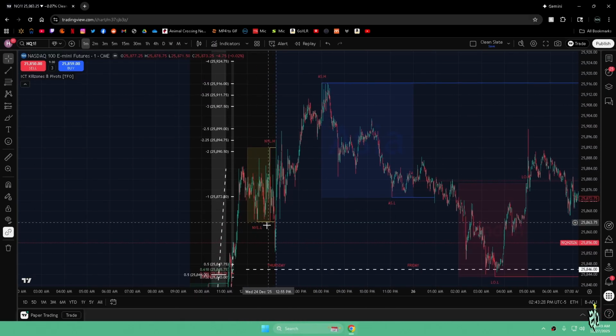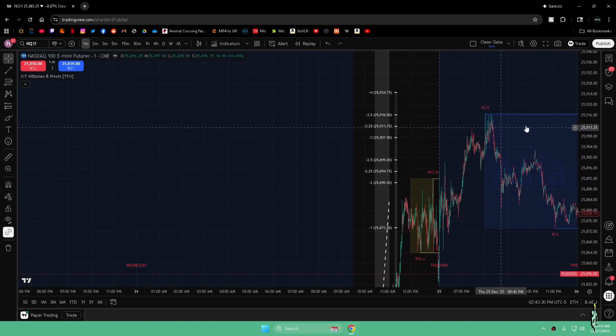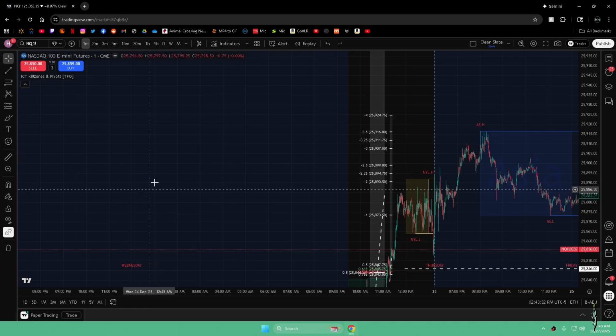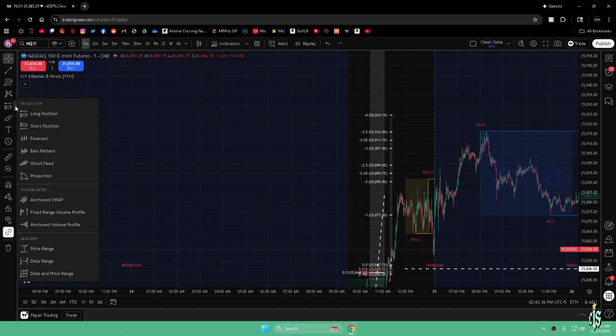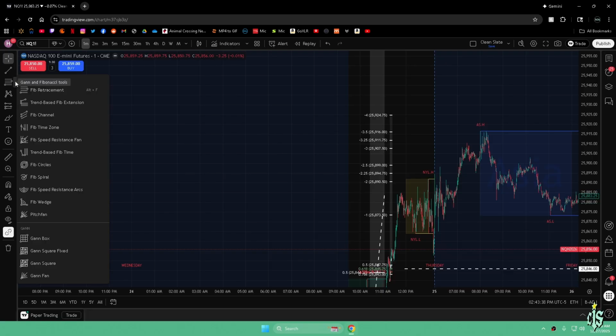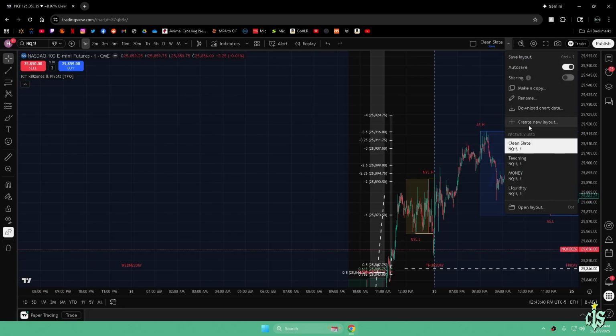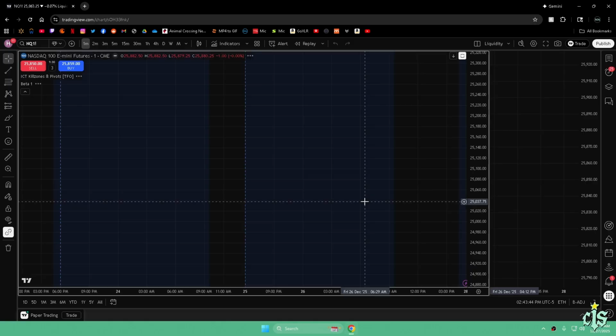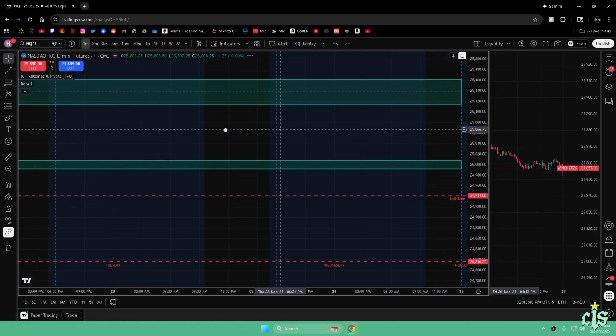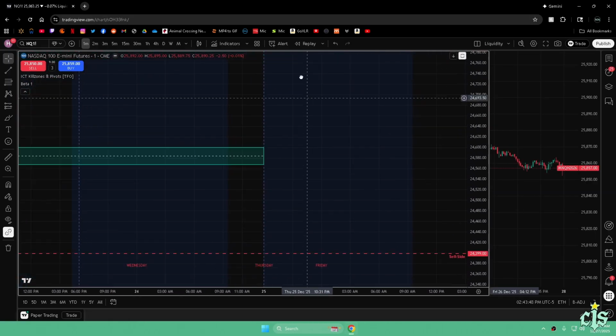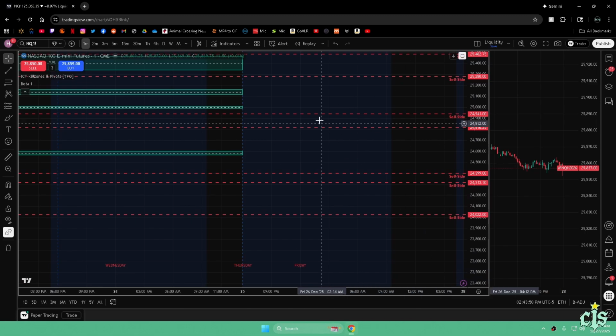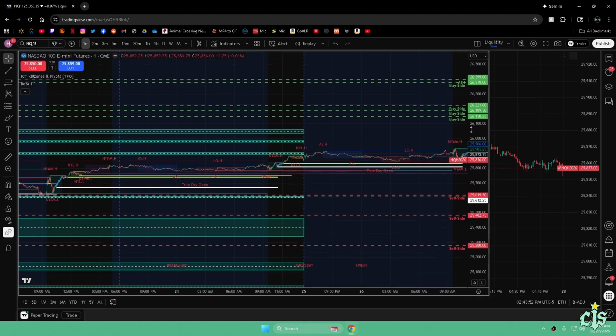Market was generating liquidity off this 1 hour gap that was around this area. There was a 1 hour gap. Let me switch. Let's go back and forth. Okay.